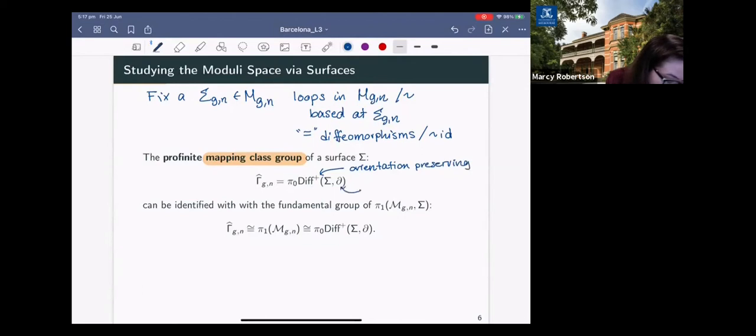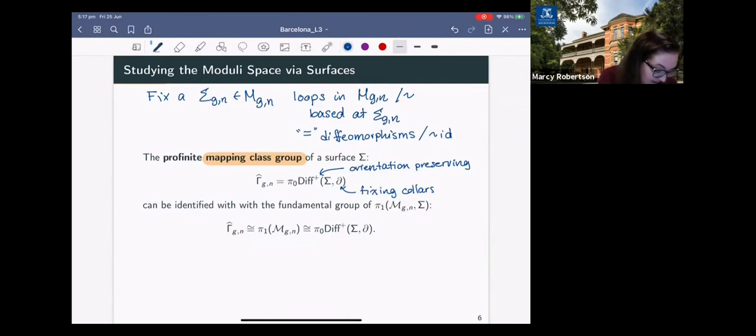And I want them to respect the collars. So fixing, that's this little thing that I hopefully carry through the whole lecture. But if you don't know what that means, you can just ignore it. So these are orientation preserving diffeomorphisms that are fixing collars. Well, I guess preserving labelings as well. And these can be identified with the fundamental group of the moduli space at this base point.